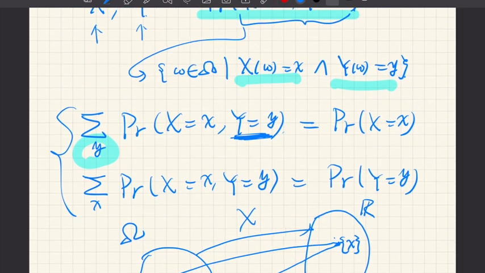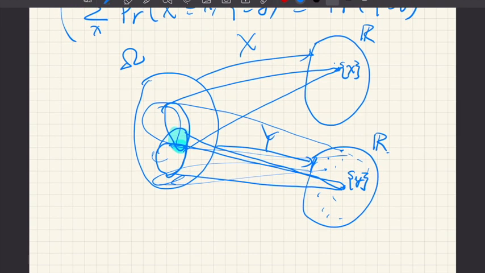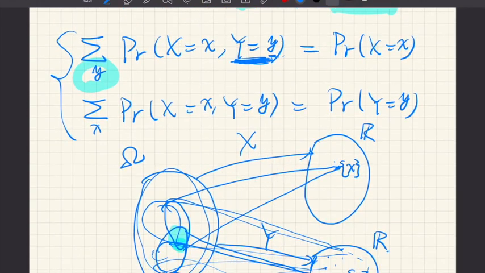So summing means, each point is disjoint from other points, so we can just take the union of all these sets from inverse images of y. That will cover entire omega. So after all, what we have is entire omega and x equal to x. So that means just this.